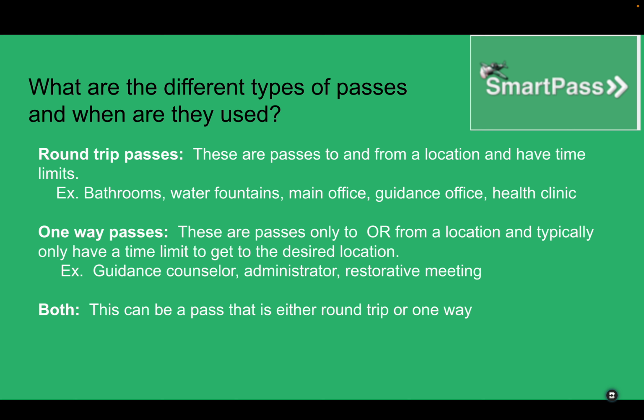You may be going there because you're really, really feeling ill and you're starting to spike a fever and we need to contact home. You may be in the nurse for a longer period of time. That's why it is a one-way pass, and those are typically not timed. Once you're done in one of those one-way pass locations, you'll be generating another pass to return to class.